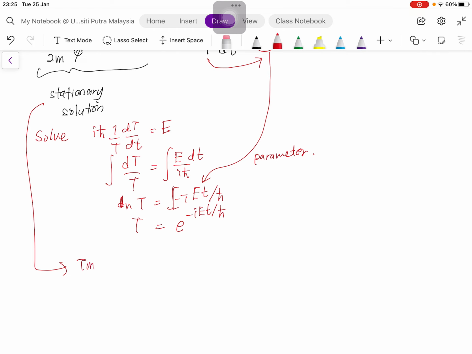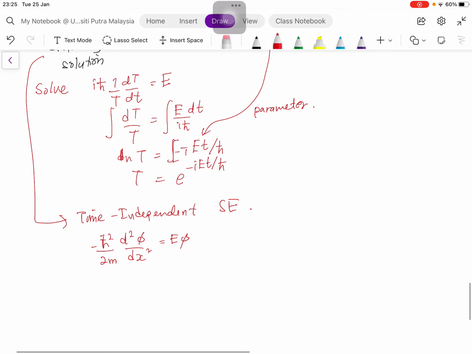And then if you look at the solution, let's say for the stationary case, this is none other than the time-independent Schrodinger equation. So you have h bar squared over 2m d²phi/dx² equals E phi. Or you can always clean this equation: d²phi/dx² plus 2mE over h bar squared phi equals 0.